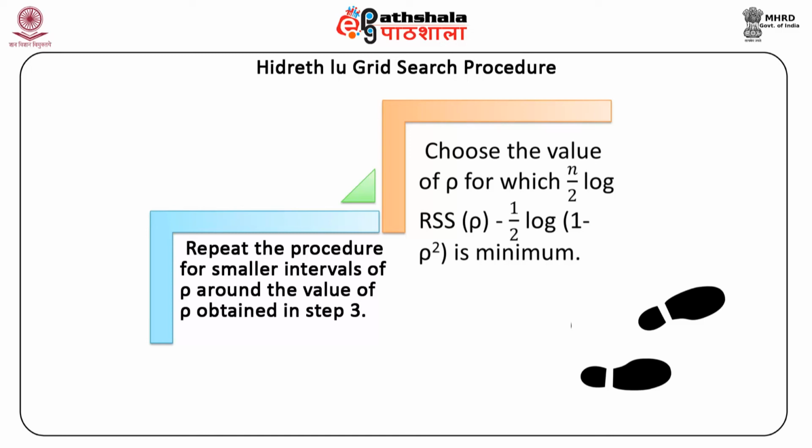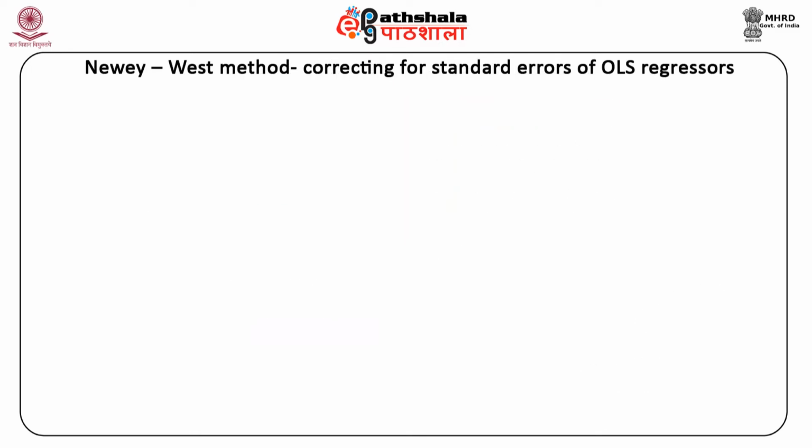But if the regression model includes lag-dependent variables or exhibits higher order autocorrelation, then the FGLS estimates are neither unbiased nor consistent. We have another method known as Newey-West method, which corrects for the standard errors of OLS regressors.